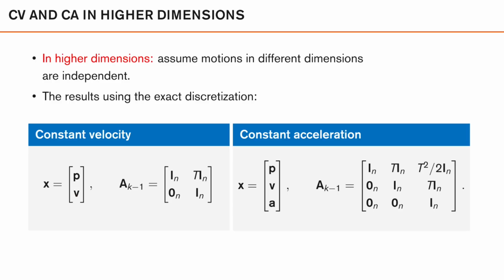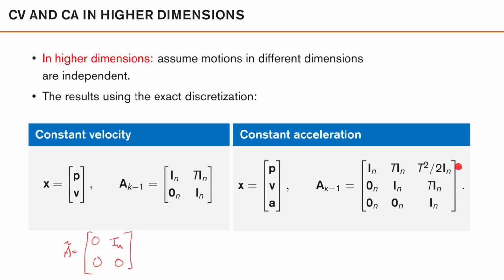A tilde for the continuous time system looks like this, where I_n is the identity matrix of dimension n, and these zeros are assumed to be zero matrices of dimension n times n. If we plug this A tilde into the exact discretization model or the Euler approximation, we get this time discrete transition matrix. So it has the same form as we saw before, but everything here has been replaced by matrices.